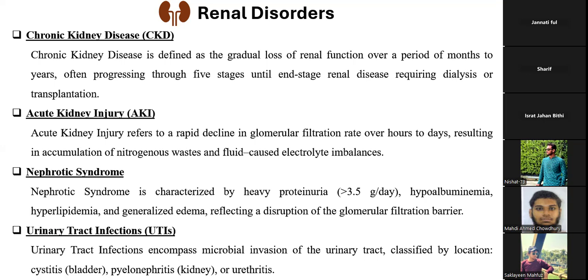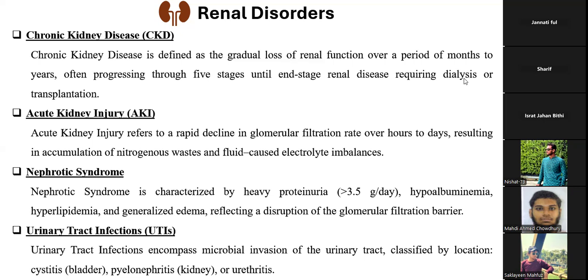Acute kidney injury refers to a rapid decline in glomerular filtration rate over hours to days, resulting in accumulation of nitrogenous wastes and fluid and electrolyte imbalance. Nephrotic syndrome is characterized by heavy proteinuria, hypoalbuminemia, hyperlipidemia, and generalized edema, reflecting a disruption of the glomerular filtration barrier.